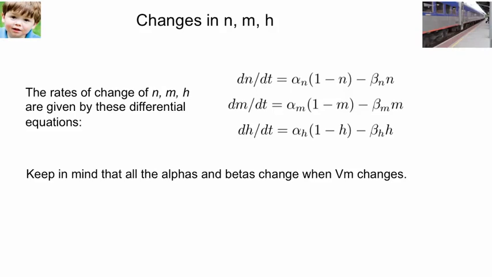So the number that are open, changing with time, dn dt, is equal to this coefficient alpha, which tells us the rate at which the closed channels are opening. So if n is the number open, 1 minus n is the number closed.